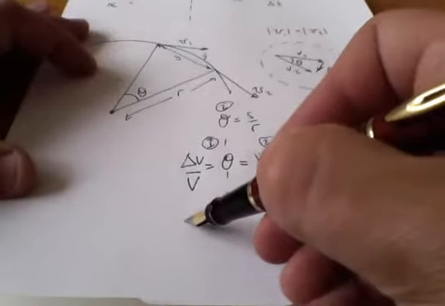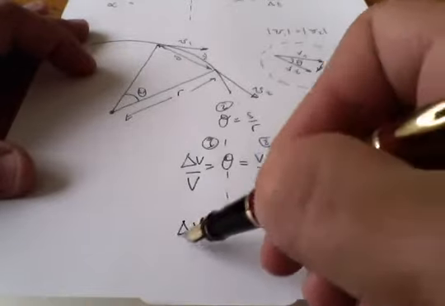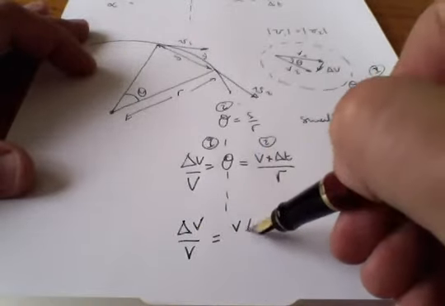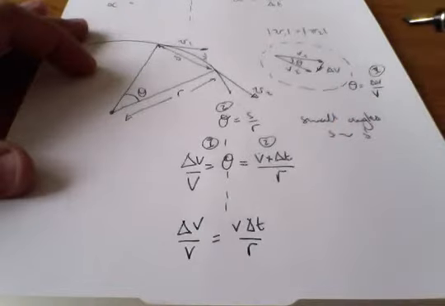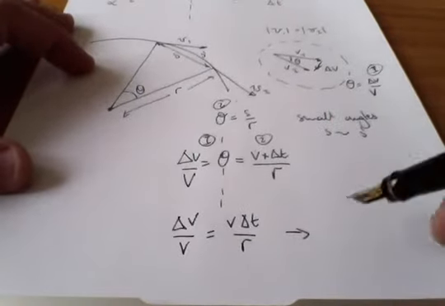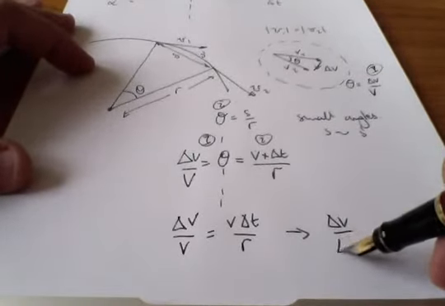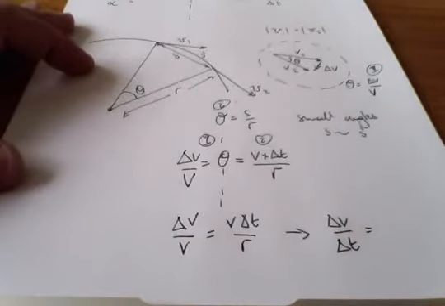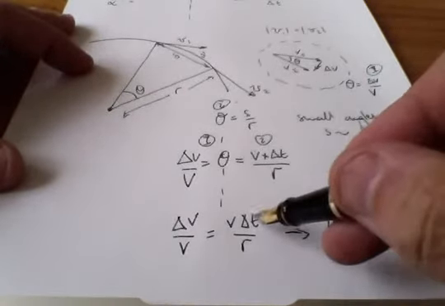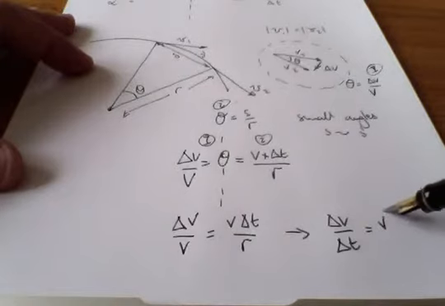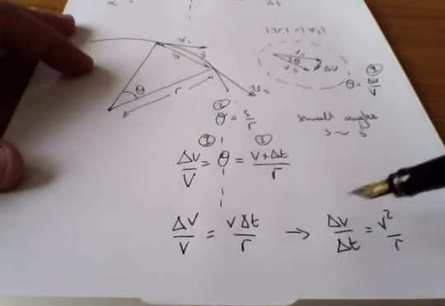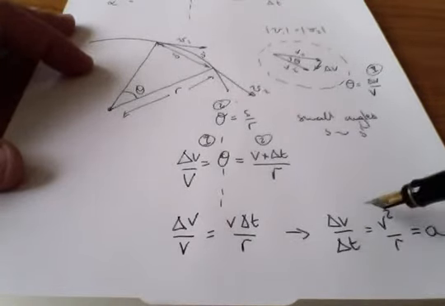So what does that leave us with? Well, it says delta v over v is v delta t over r. Let's just change it a little bit. So we do delta v over delta t, I move this down, I move that up, gives me v squared divided by r, which is the same as the acceleration.